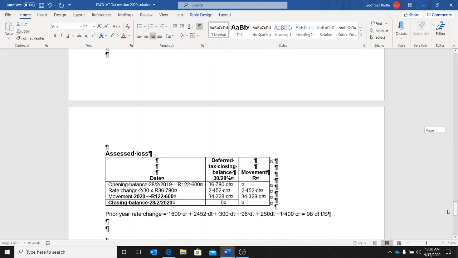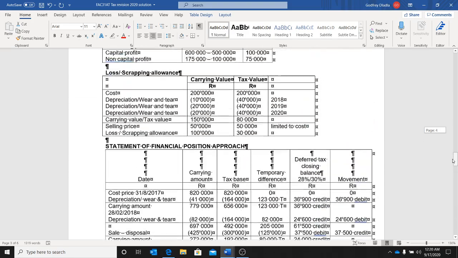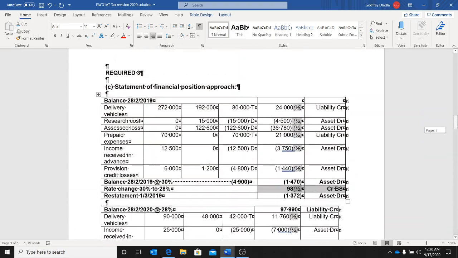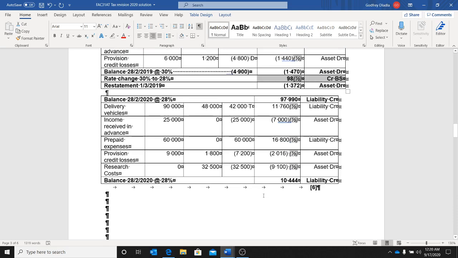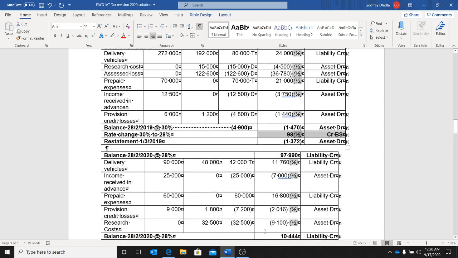All right, and I've shown you these figures here, how you can calculate them, right? So just to solidify this, one thing that maybe some people might be lost on is this one here, and I just want to explain this one only. So this asset, the research cost here in this year.